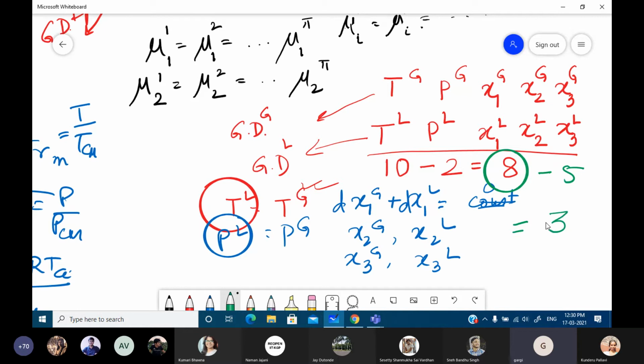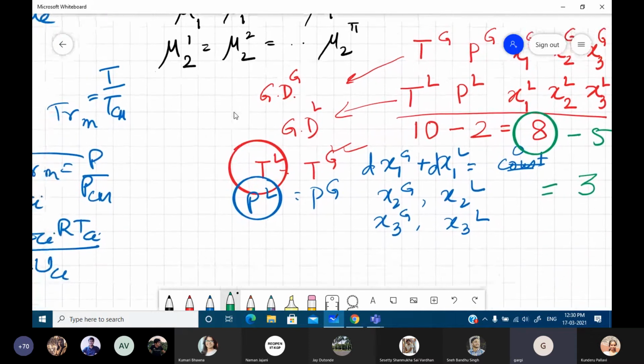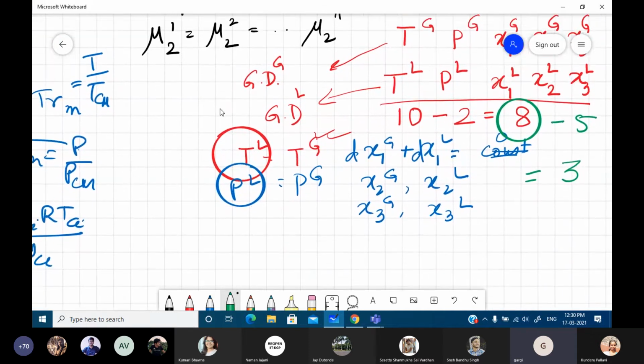And this is what is given by the Gibbs phase rule, right? If you find out from the Gibbs phase rule also, you will find that for a ternary two-phase system, F equals 3, right?